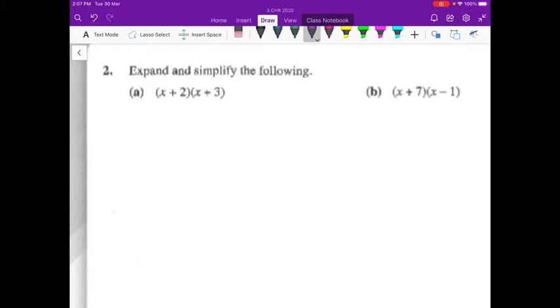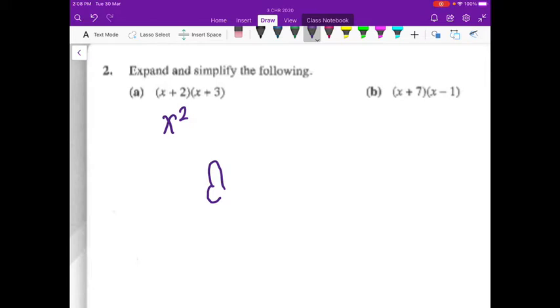Expand and simplify. Ahmad, you look very bored. Yay! My turn. Okay, put your hand. Hey, how to erase? Actually, I draw something very inappropriate.